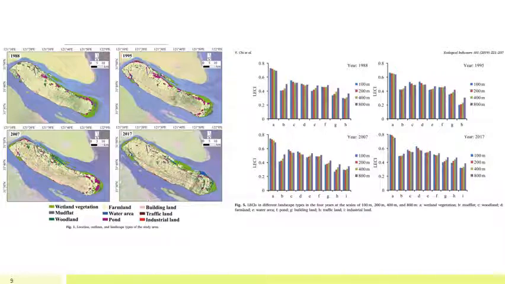This is a fixed scale, but it shows the 4 different temporal scales of 1988, 1995, 2007, and 2017. They compared their land cover data with high-resolution Google Earth images to validate it.